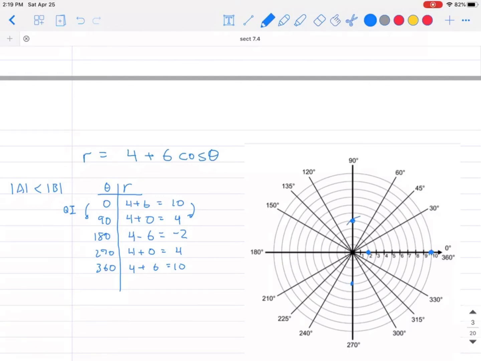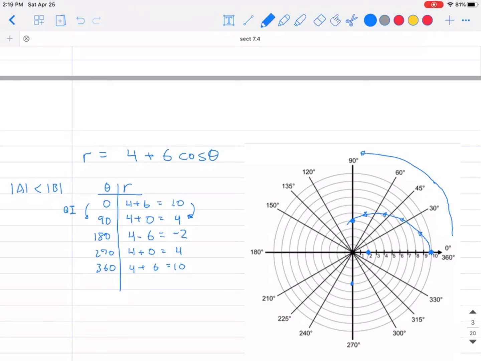Looking at quadrant 1, from 0 to 90 degrees, we have a radius of 10 going to a radius of 4. So you're going to spiral inward, just like what we've been having so far. You can see that as theta increases, or theta is rotating counterclockwise this way, the value of r is getting smaller and smaller.